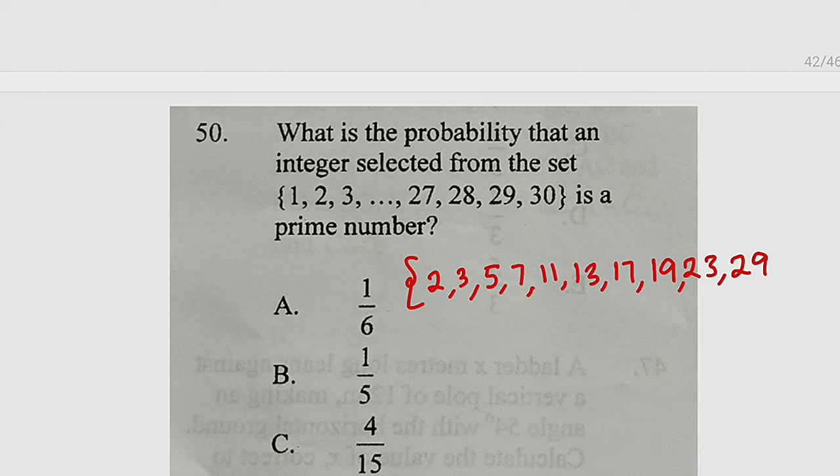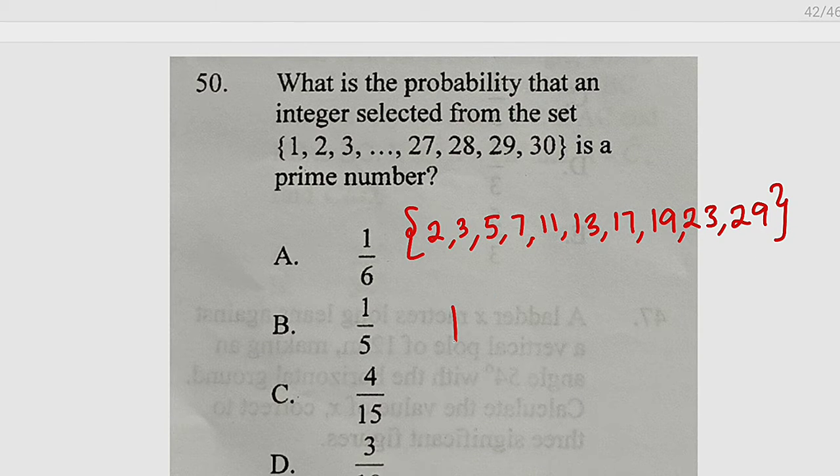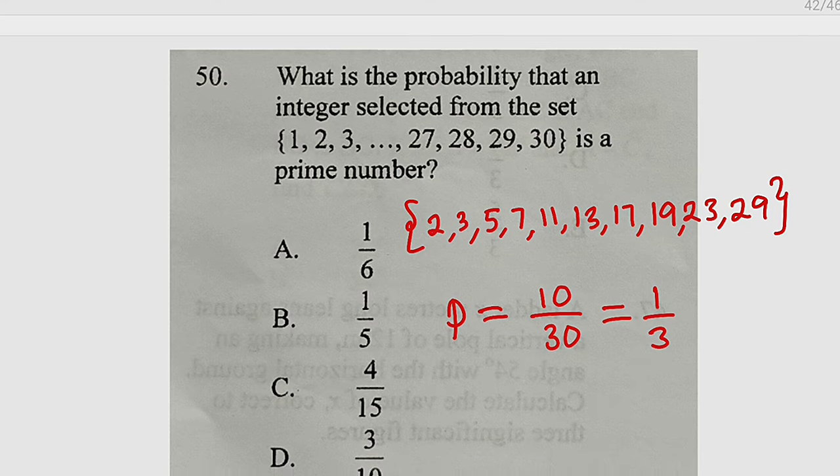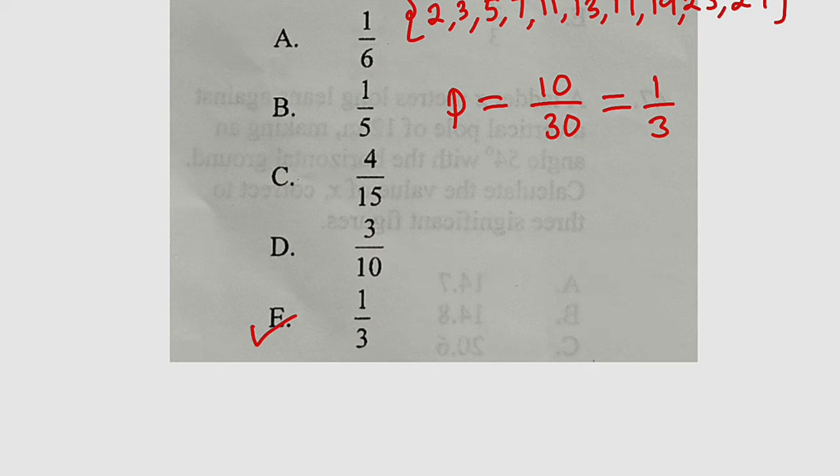I think between 1 to 30, these are the only prime numbers we have. Let me see how many there are: 1, 2, 3, 4, 5, 6, 7, 8, 9, 10. There are 10 in number. So we have 10 prime numbers. So the probability would be 10 out of 30. And 10 out of 30 will be 1 divided by 3 in the lowest term, which is option E.